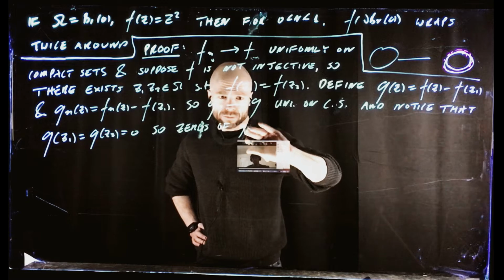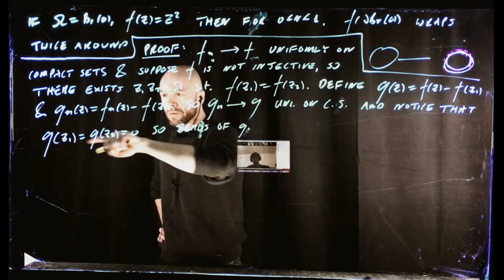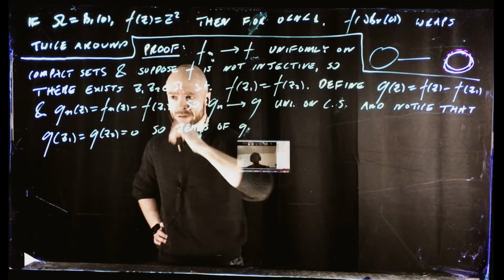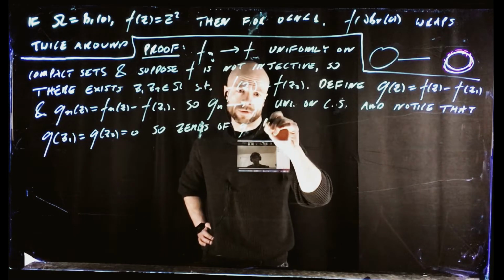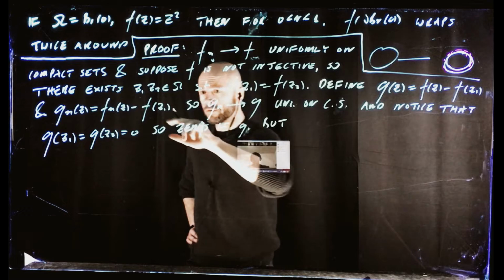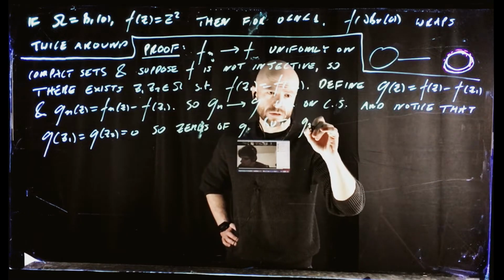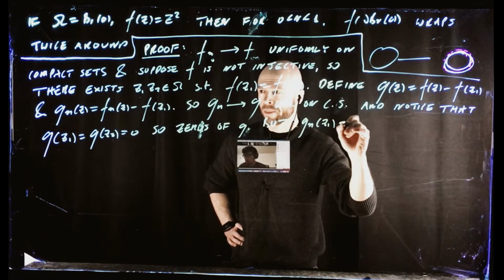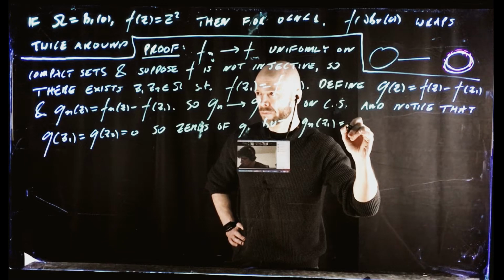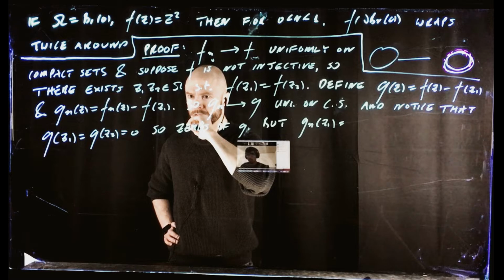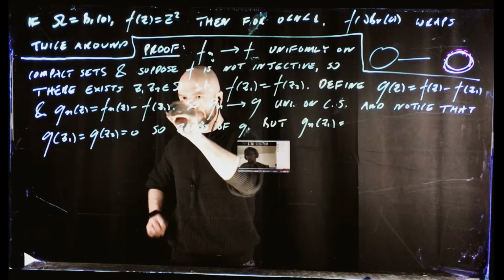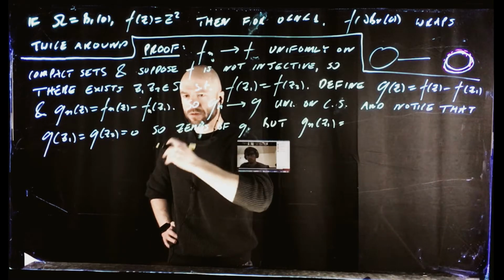But we don't have that they're both zeros of gn. So we do have that z1 is a zero of gn. No, we don't have that either. Did I do this definition wrong? I think I did. I think it should be like this.